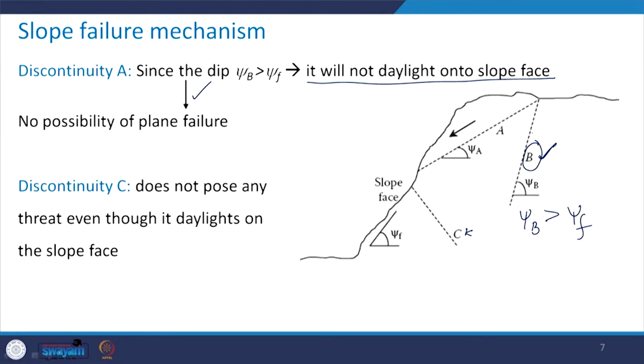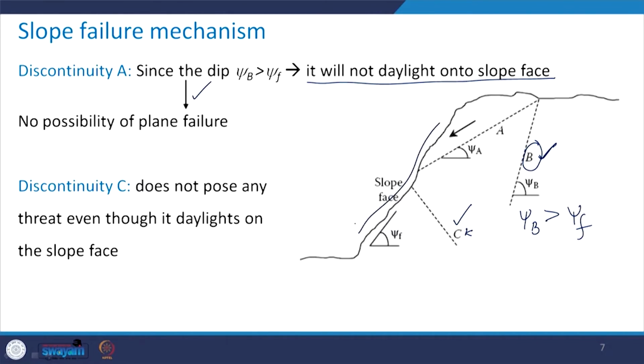And as I already mentioned, even though this discontinuity C daylights the slope face, it will not pose any threat towards the stability of this slope.